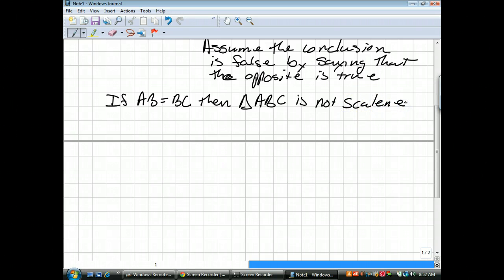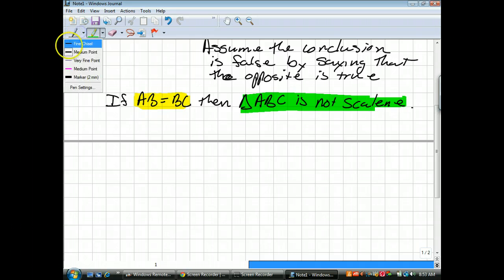Okay, so that's my statement, and remember that in this statement, this is the hypothesis, and this is the conclusion.